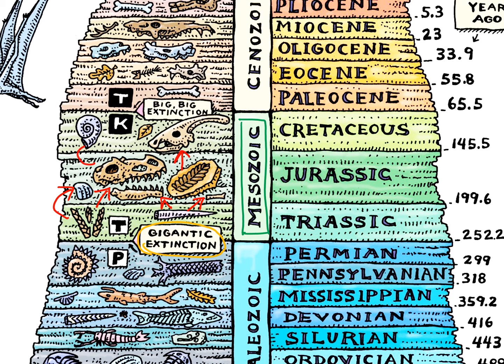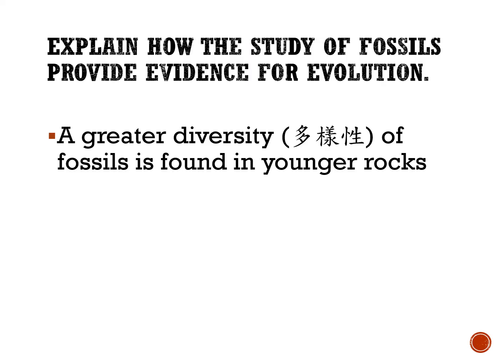And as time goes by, from the Jurassic period going to the next period, the diversity increases even more. So what you know is that throughout history, the diversity of organisms goes from low to high.